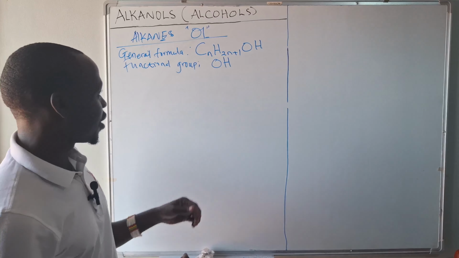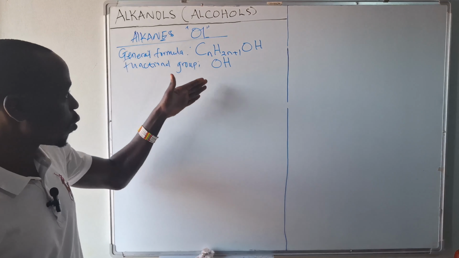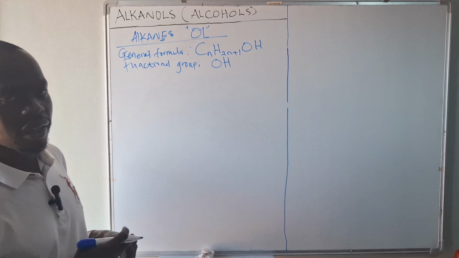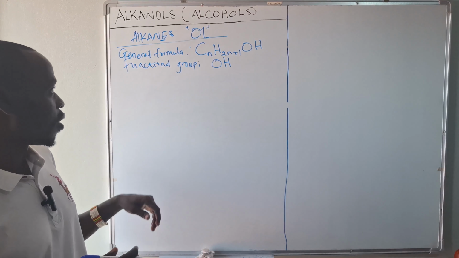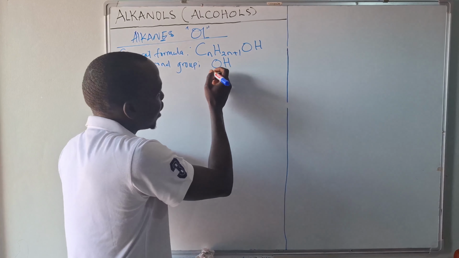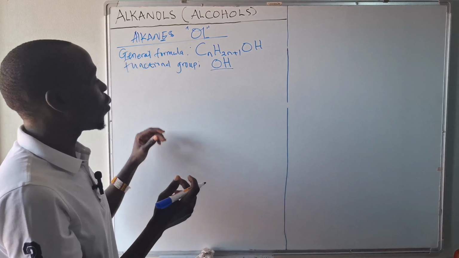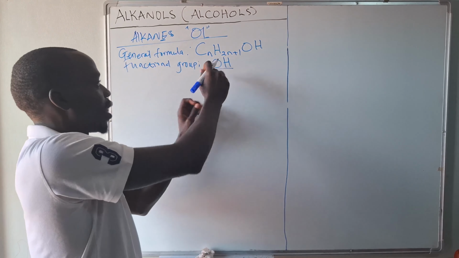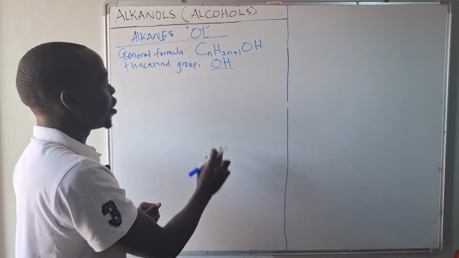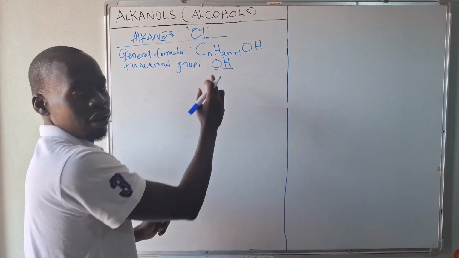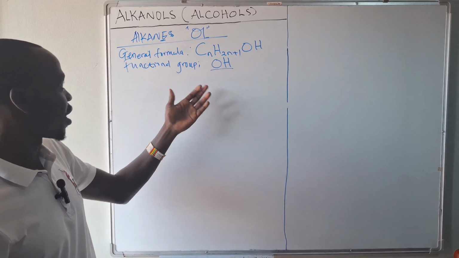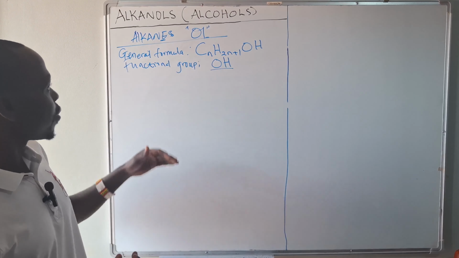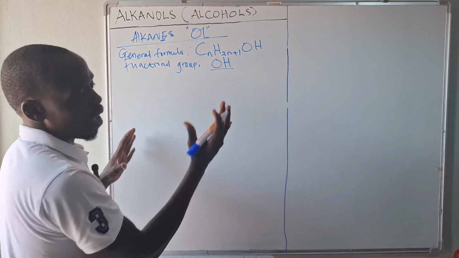And we were told in a previous lesson that the functional group is that side where the reaction is taking place in an organic compound. So this is specifically the functional group for alcohol. So whenever I write any compound later and you see this one at the end or somewhere in the middle, you will be in a position to know that we're dealing with alcohols. So because of that, let's see examples.